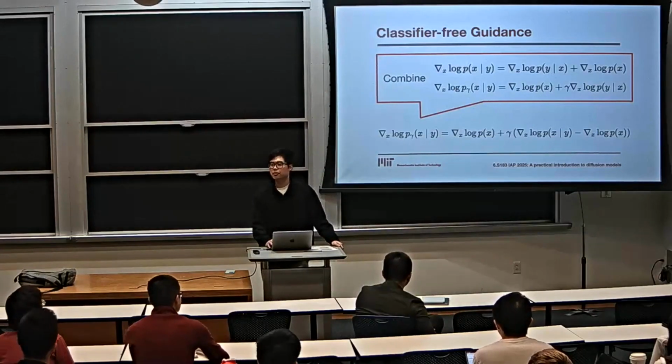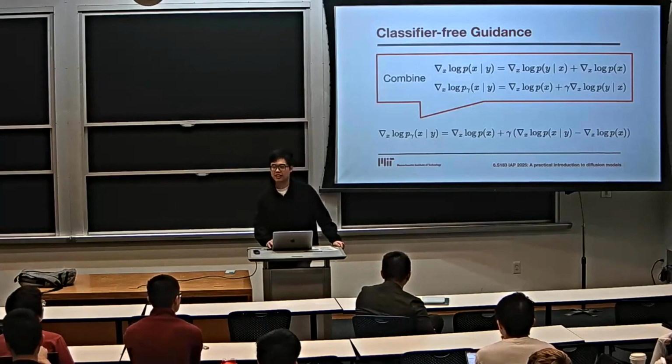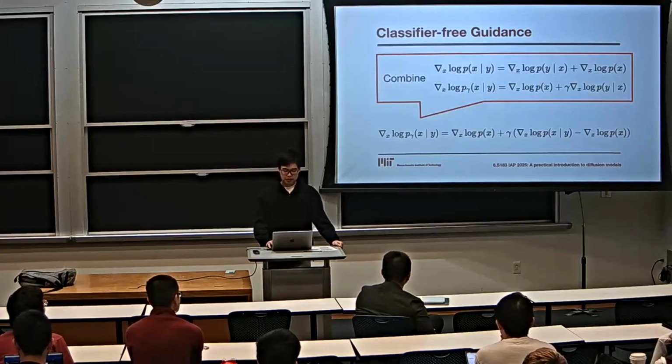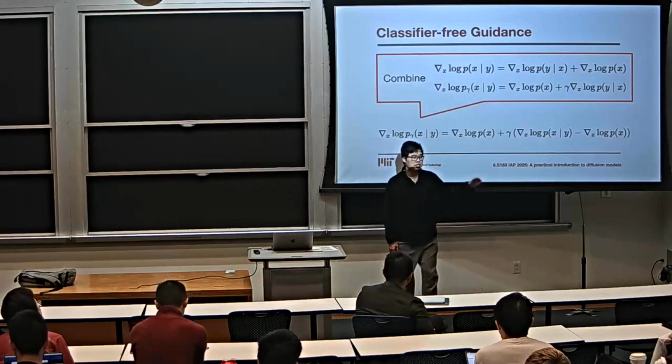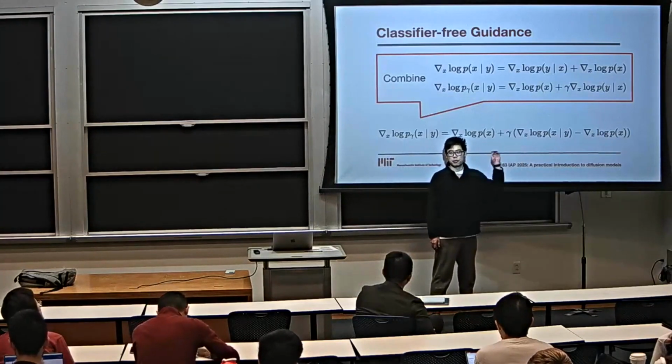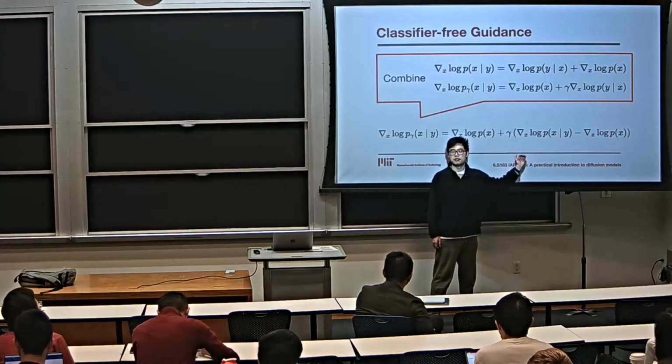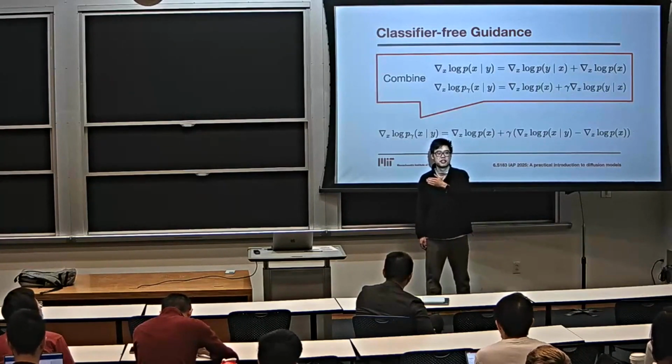Are people with me? I just want to make sure everybody actually gets this math correct. Okay, and just like before, this term replaces the gradient for the classifier, right? And this is a term that's used to bias the unconditional distribution into the conditional one.